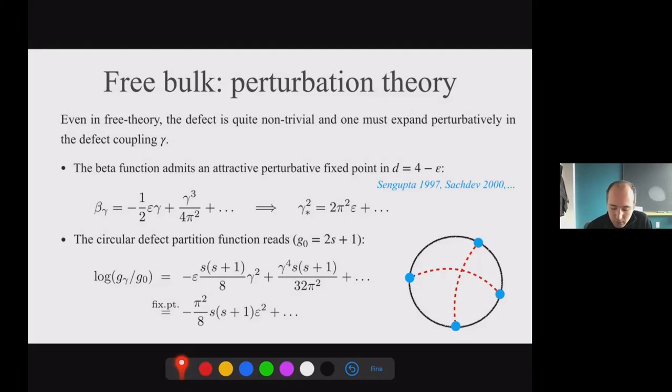You can also compute other quantities, for instance the partition function when you place the defect on a circle. This is of some theoretical interest because it's proven to decrease under defect RG flow, but you can check this.